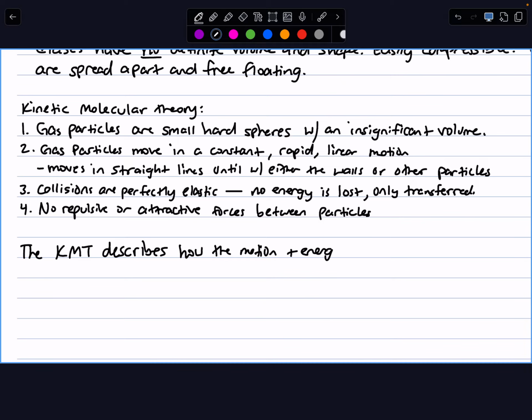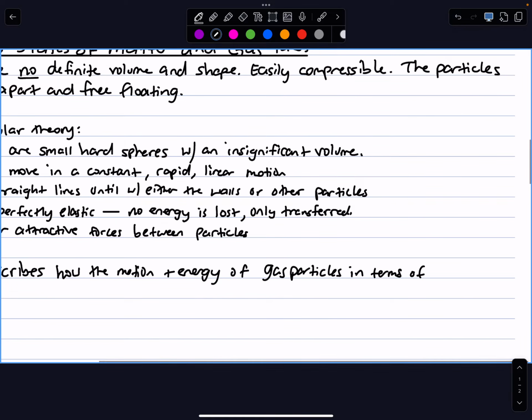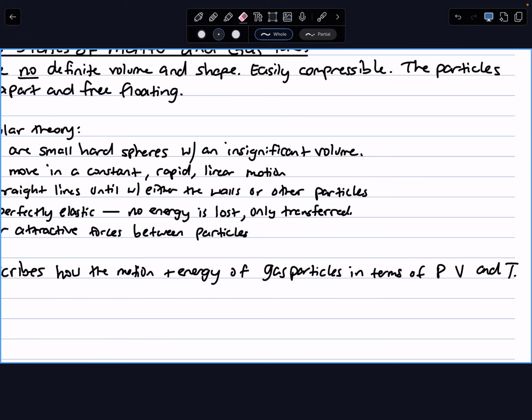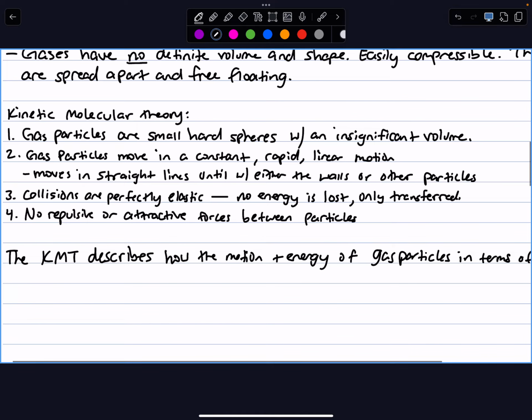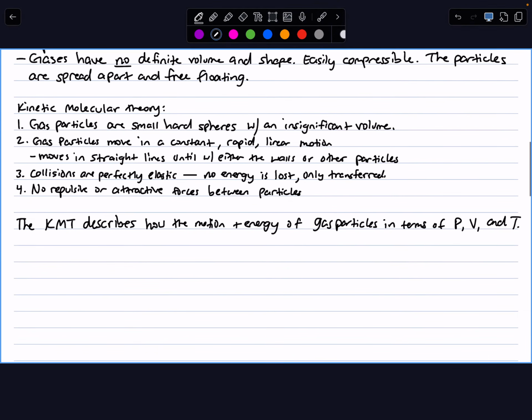and energy of gas particles in terms of pressure, volume, and temperature. If I put that, you know what that means? P, V, and T. I mean pressure, volume, and temperature. So how the motion and the energy of gas particles work in terms of pressure, volume, and temperature.